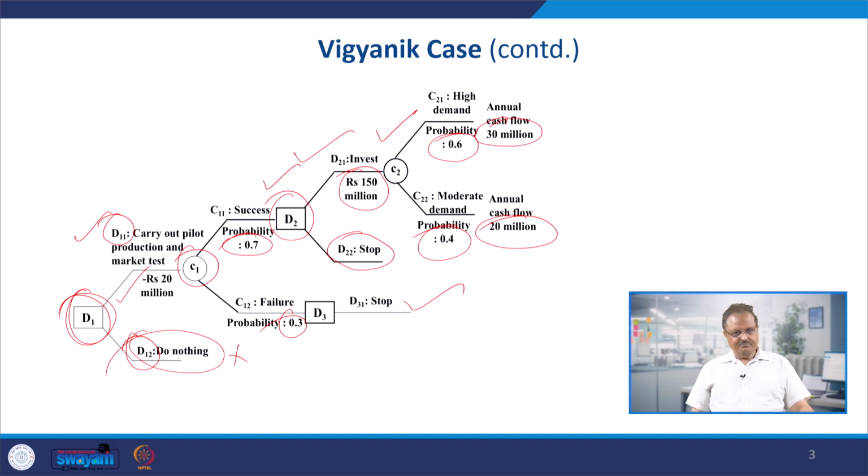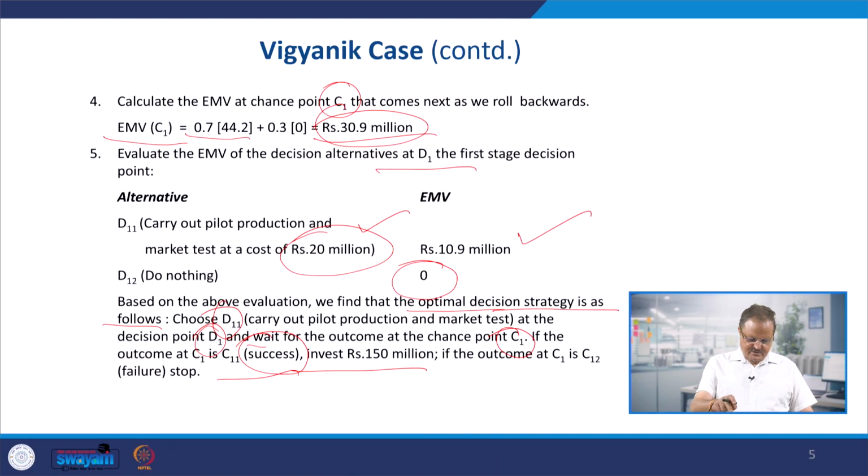And finally we should make the investment of 150 million for building the plant and going for commercial production, and make efforts so that demand for the product is quite high and we are able to have this 30 million of annual cash flow for the next 20 years. If we are able to do all that, it's a win-win situation for all the stakeholders, and the project is going to be a very successful option, right?